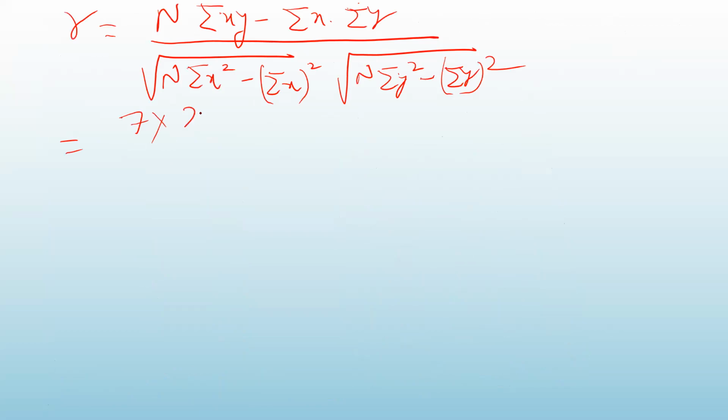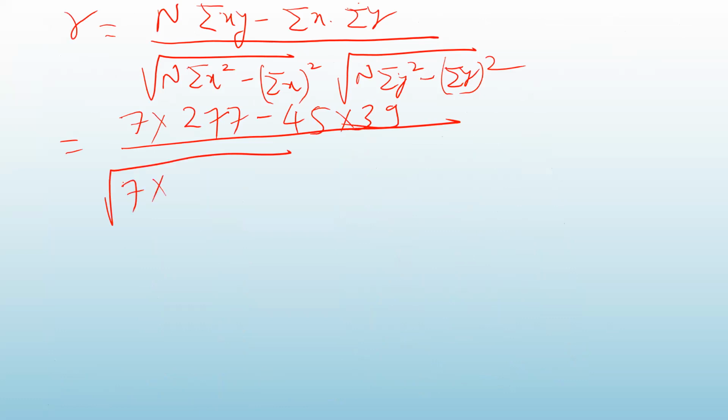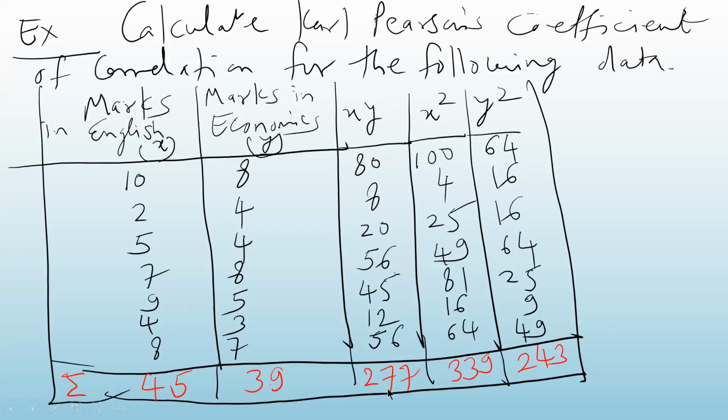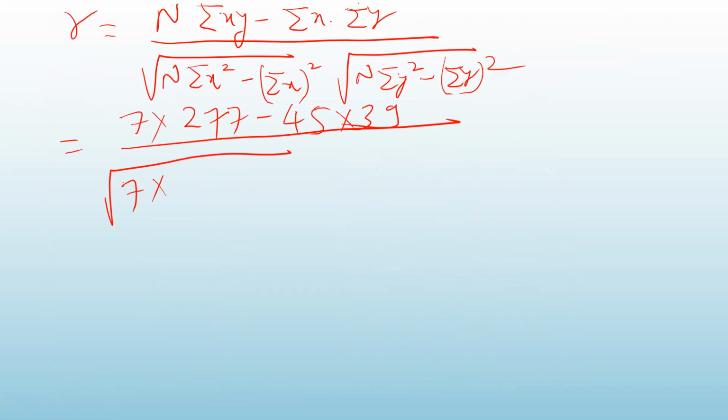So it is 277 minus 45 into 39, divided by square root of 7 into summation of x square, which is 339, and this is 243. So 339 and 243.